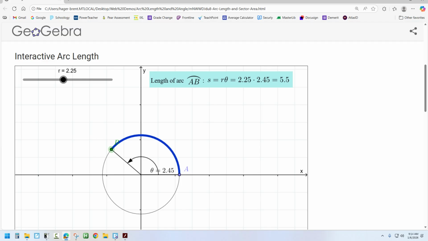This number down here is the size of this angle in radians. This number over here is how big this arc is, like if you put a piece of string on it and measured it. So they're 2 different numbers, but I want you to focus on this number all the way on the right and this number 2.45.